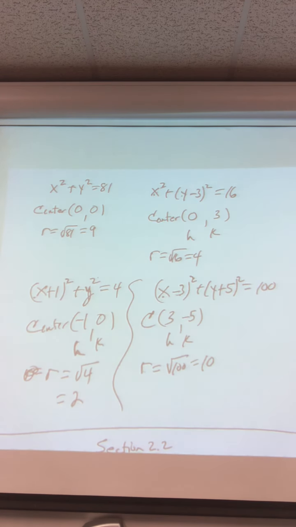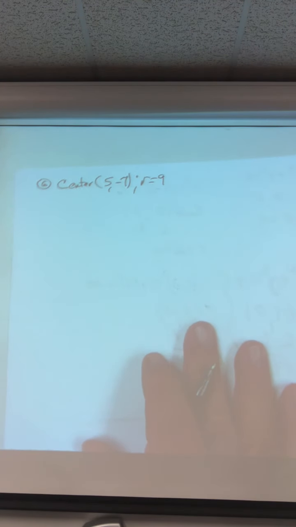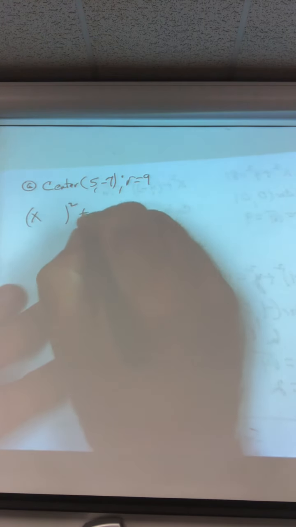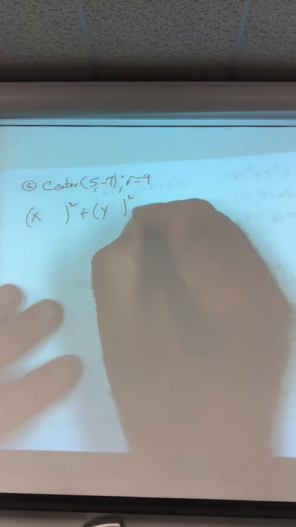Let's look at our first example. Number 1, or part A, or whatever you want to call it. Suppose the center is (5, -7), and the radius is 9. Now, what would the equation look like? Well, I know the equation is going to have an x squared term plus, it has to have the plus, y squared term equal.